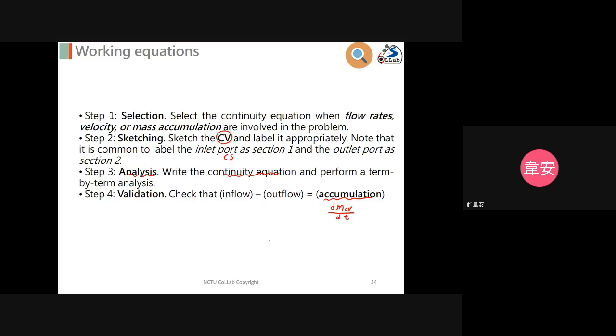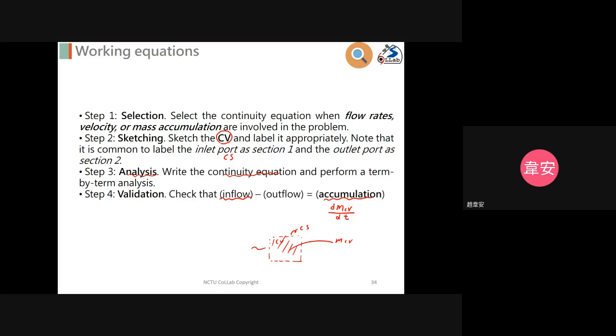What is accumulation? This is the mass in the control volume and how it changes with time. So we pick the dashed line as the control surface. Inside is the control volume and the boundary is the control surface. In this control volume, what is the mass inside, and the change with time is equal to the inflow.